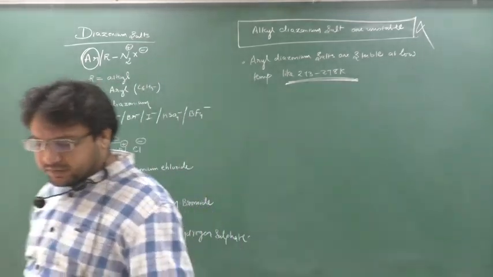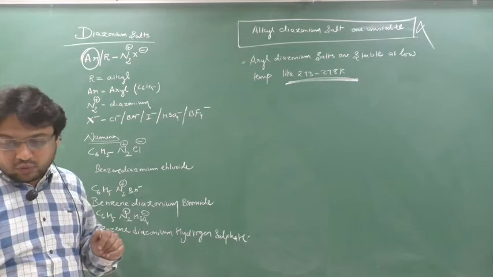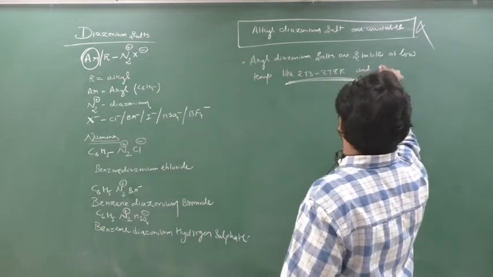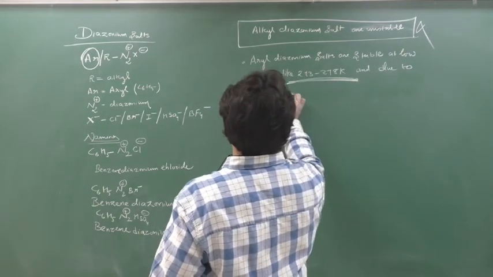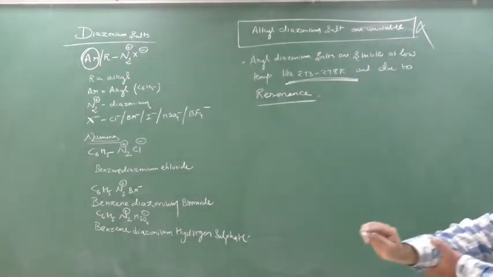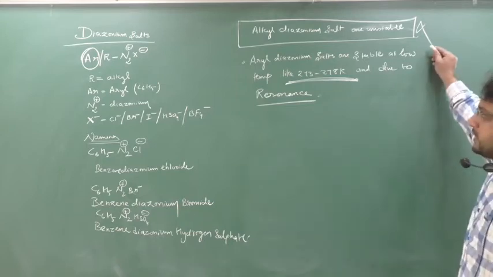So aryl diazonium salts are stable at low temperature like 273 to 278 Kelvin, and they are also stable due to resonance. So this resonance structure is very important for aryl diazonium salts. We are going to see the resonance structure. Please check it out. Please remember, this question can come.